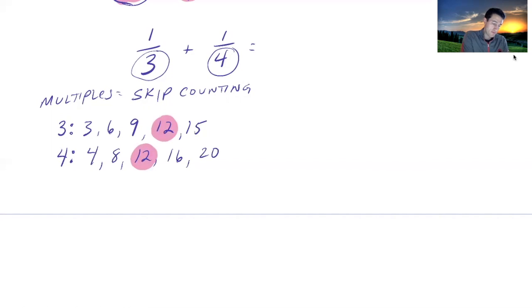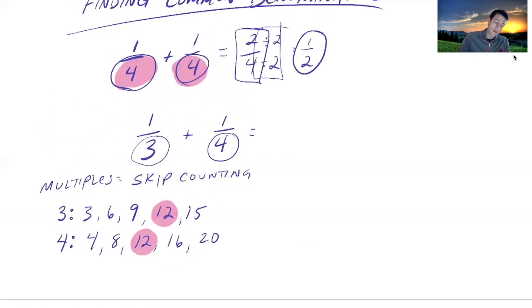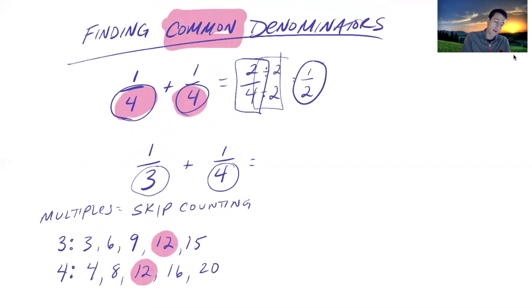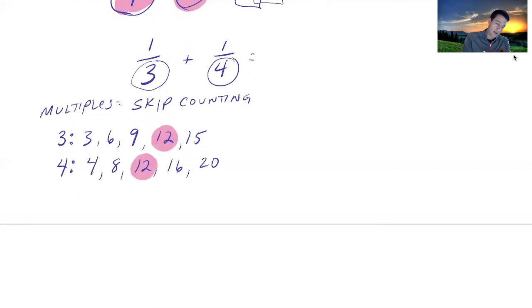we have a match. And that's all you're trying to find, because the word is common. Think about what that word means, common. If you have something in common with a friend, you share that same interest. So common denominator means that both 3 and 4 share 12. Now, if we kept going, I'm sure we would match somewhere else.